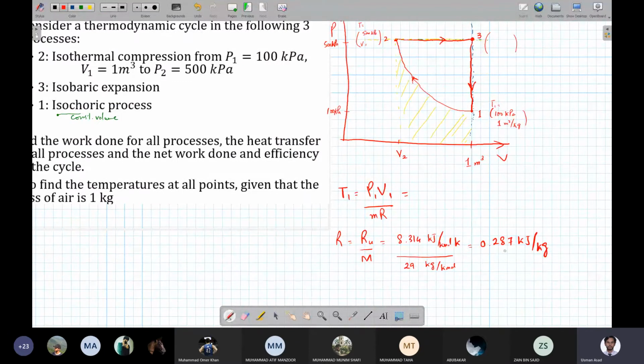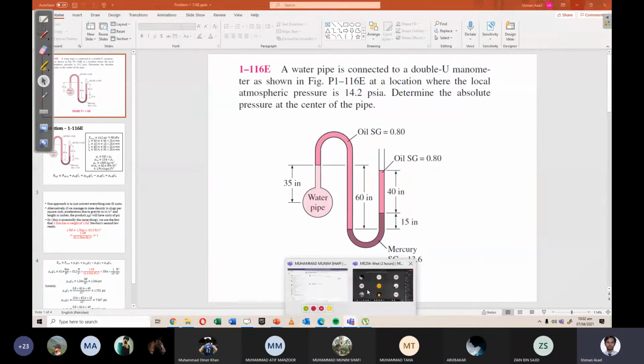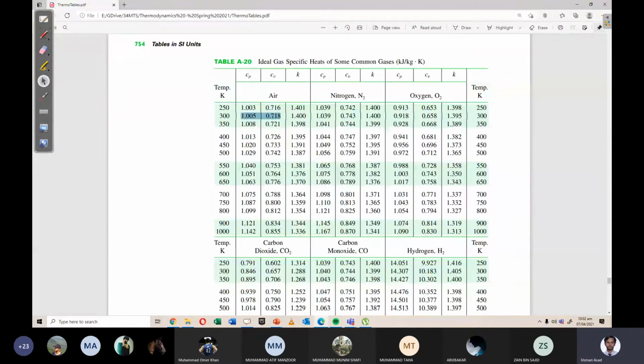So this 0.287 is also equal to the value of CP minus CV, जो कि आप table से भी देख सकते हैं in case you don't remember this value, which was 1.005 minus 0.718 I believe, जो कि उतना ही आ जाता था. ठीक है. So in any case, you can find R, I hope, or you would remember it.